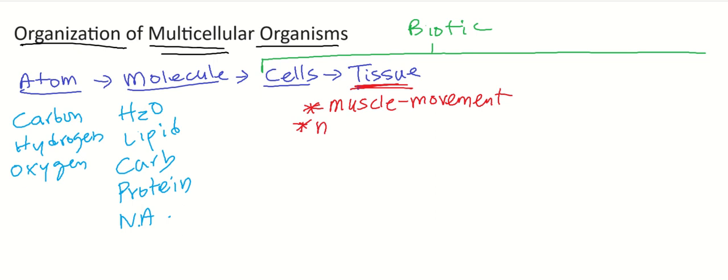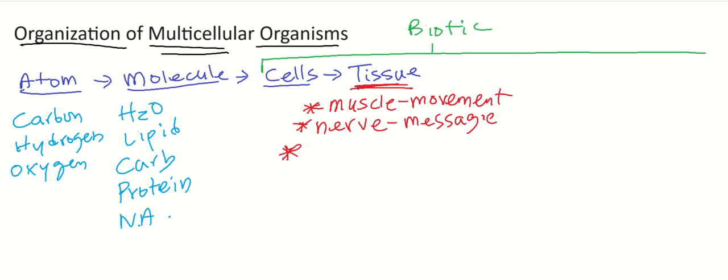You also have nerve tissues. Right, and nerve tissues are used to send and receive messages. Right, I'm just writing the key word, so if you see something like this in a reading passage or a question, you know to associate, hey, that's a nerve tissue or that's a muscle tissue.